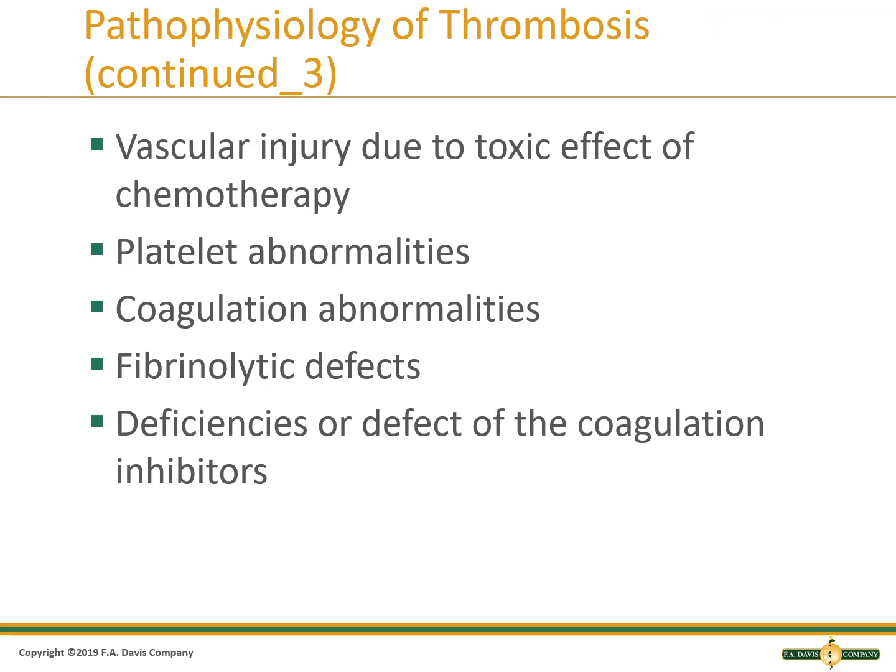Other issues that can contribute to the pathophysiology of a thrombosis would be vascular injury due to toxic effect of chemotherapy, platelet abnormalities, coagulation abnormalities, fibrinolytic defects, and deficiencies or defect of the coagulation inhibitors.